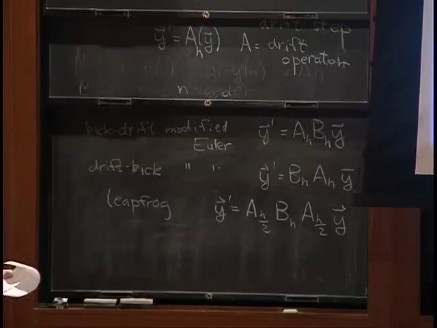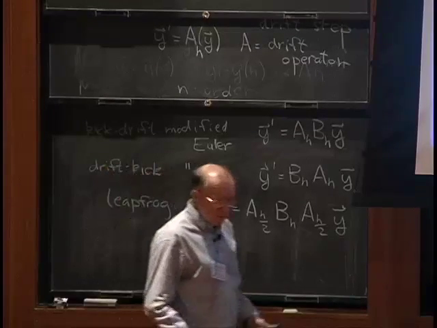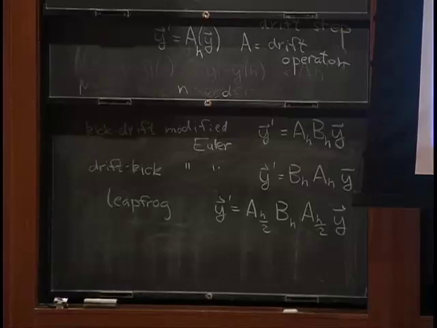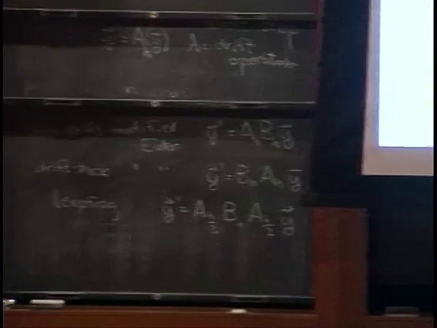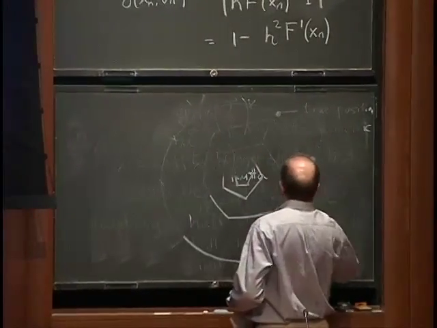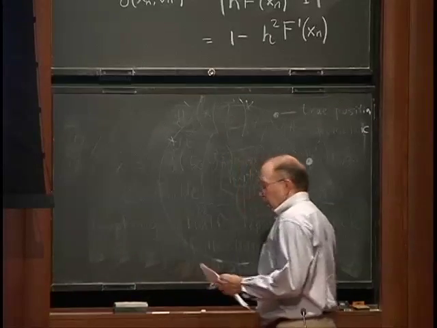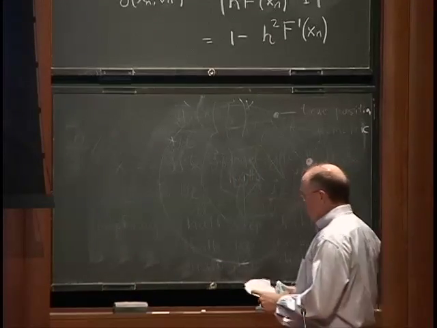The other thing you learn is that this suggests obvious ways to generalize these integration algorithms. So for example, suppose I take these operators and I make an even more general looking operator.